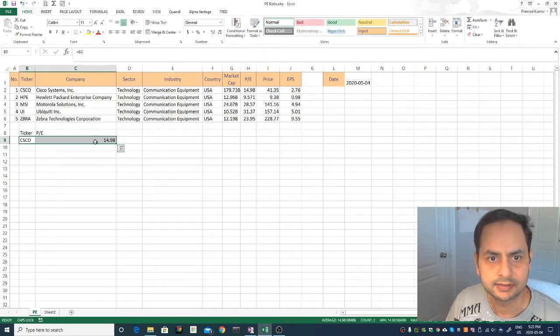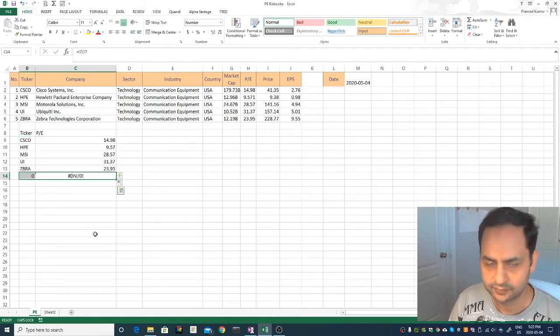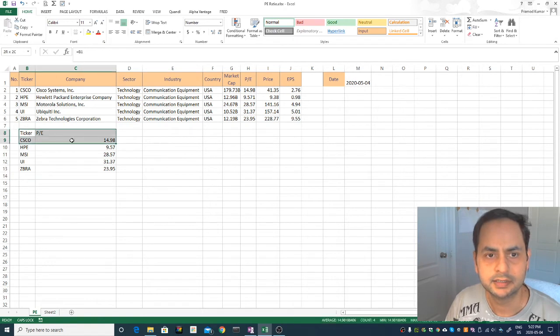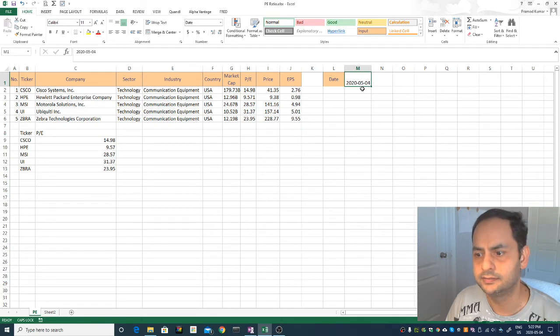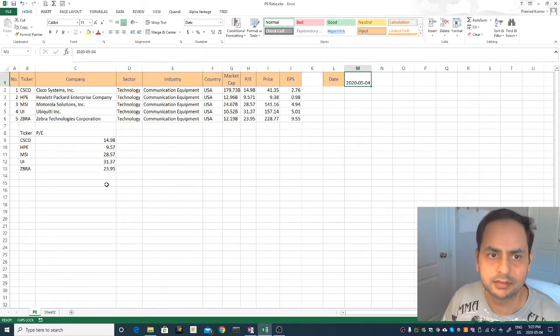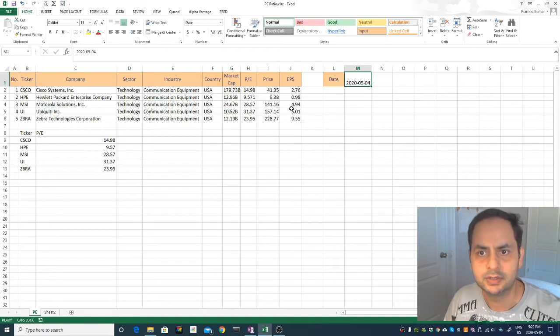If I select both of them and drag down, you notice I calculated this PE ratio, which is exactly the same as what is given. I am doing this on the 4th of May, so on a different day when the price fluctuates, you'll get a different PE, but the earnings usually won't change except quarterly or annually.